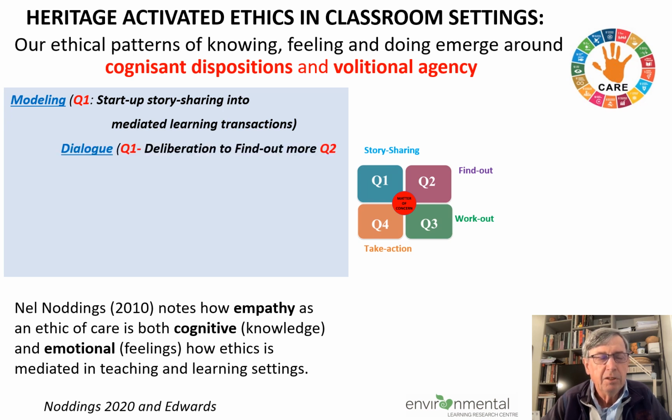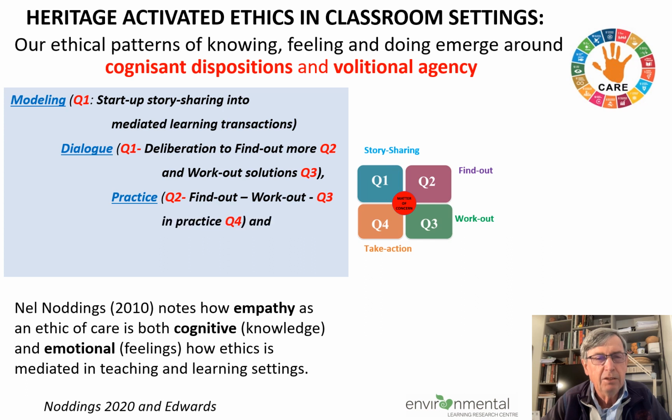And then we move into dialogue, discussion straight away, into picking this up and trying to find out more and work out solutions. And then finding out and working out can lead to trying out in practice. And then finally, throughout this process, confirmation or affirmation.